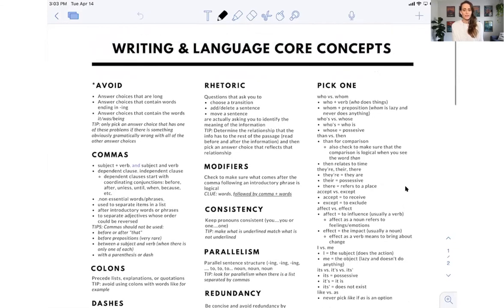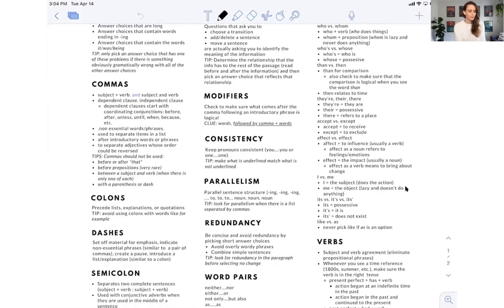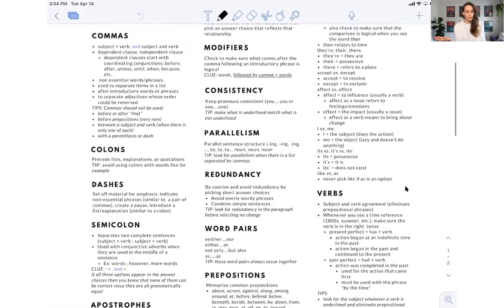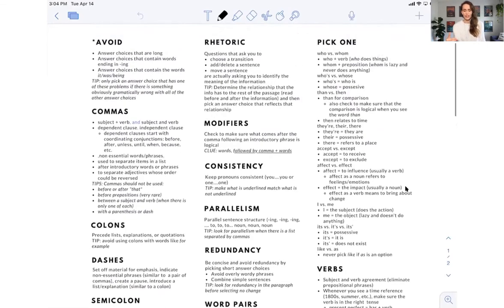So this would be a good thing to go through on your own after this workshop today too, with a highlighter or a pen, and highlight any concepts in here that are new to you or that you always struggle with. So let's say dashes seem to be a problem for you, or semicolons. I would highlight it, so you know really to study those.